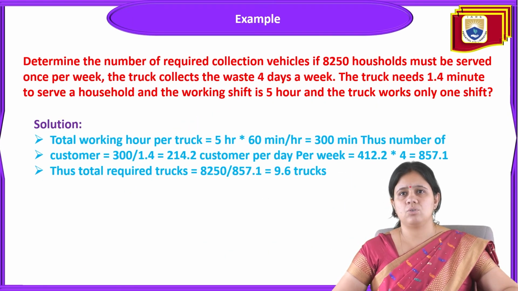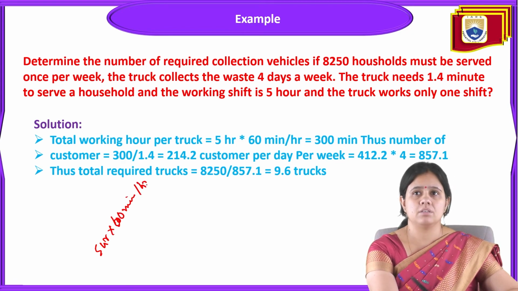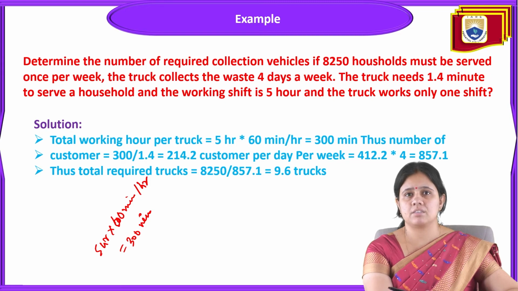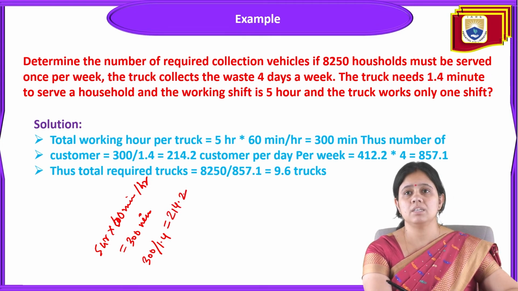This solution is like: total working time per truck is equal to 5 hours into 60 minutes per hour, so it is equal to 300 minutes. So the number of customers is equal to 300 upon 1.4, which is equal to 214.2 customers per day.